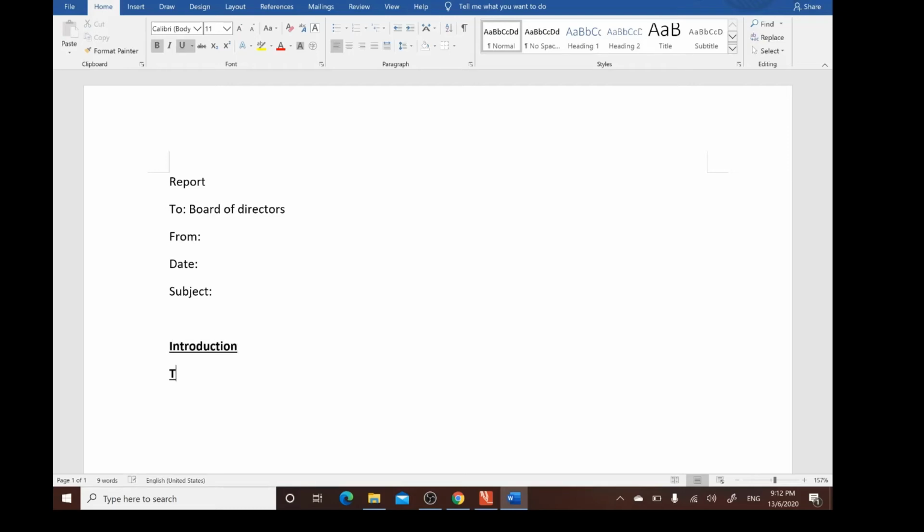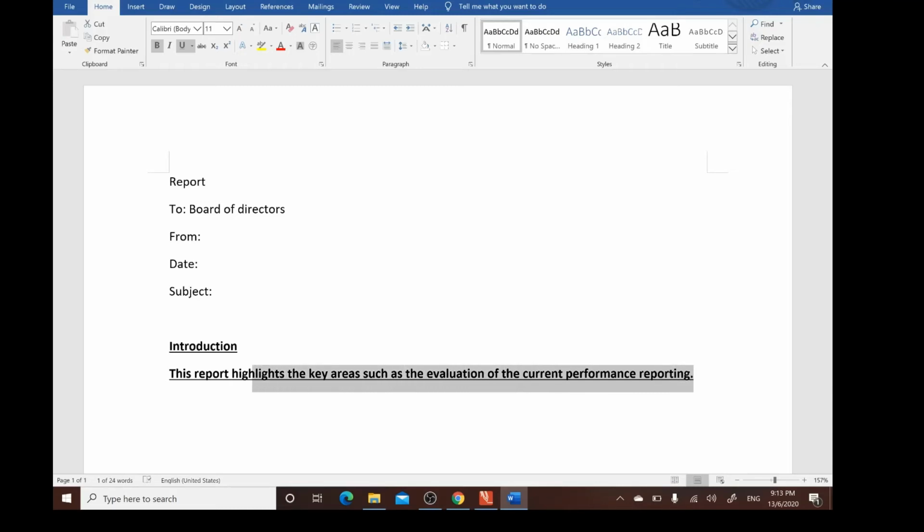For example, I'm going to show and demonstrate to you, let's say, this report highlights the key areas, such as the evaluation of the current performance reporting.